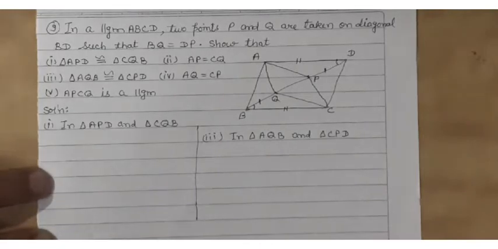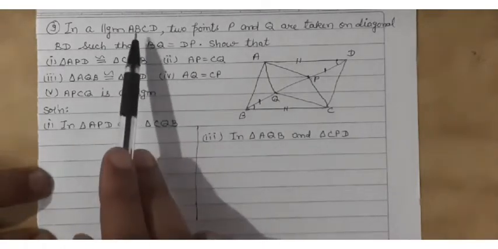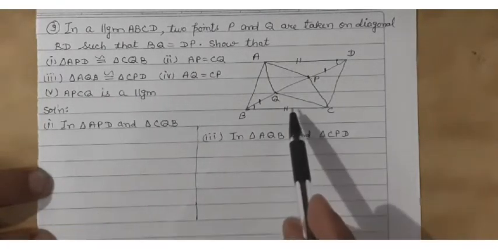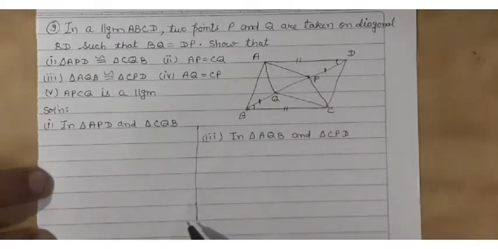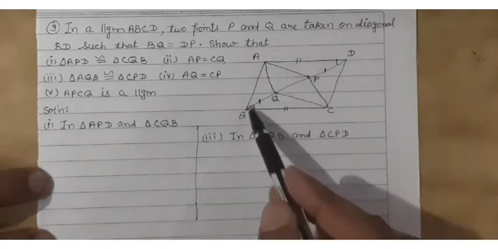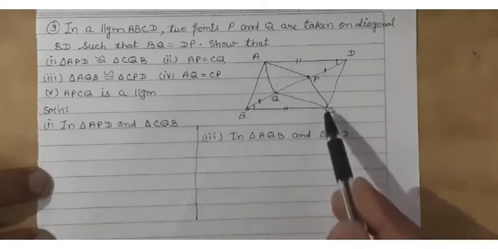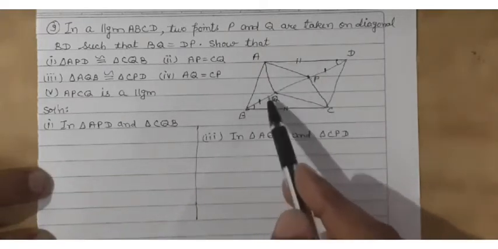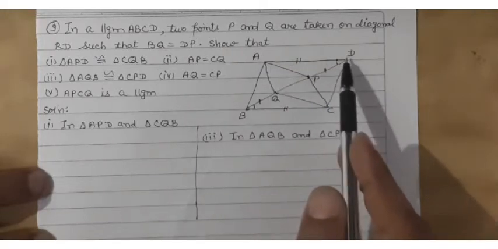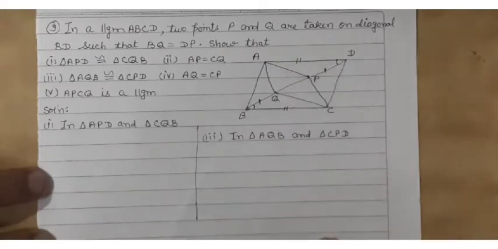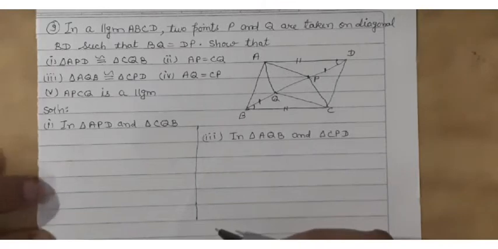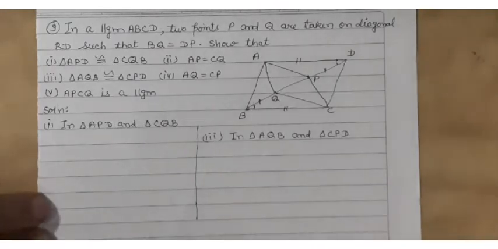It is very easy and interesting. The condition is that ABCD is a parallelogram, then we know opposite sides are equal. This is the diagonal, and the angles CBQ and ADP are alternate interior angles, so both angles should be equal.